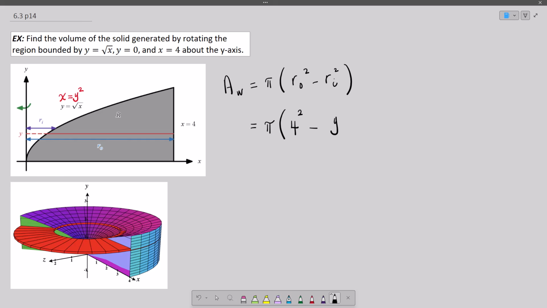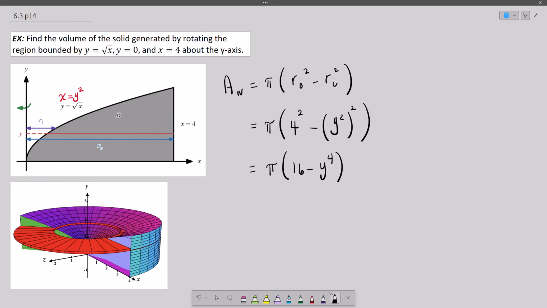So this will be y squared, but then that is squared from our formula above. So the inner radius is this distance here to the square root function. To measure horizontal, we isolate x. So this x distance is given by this value, the value of x on the right. And that will give us a formula for the area of the washer at y.